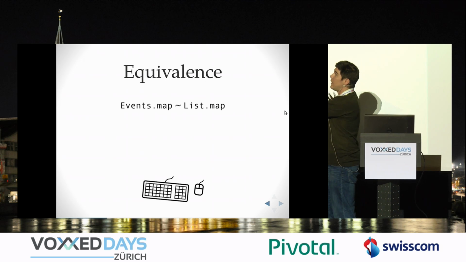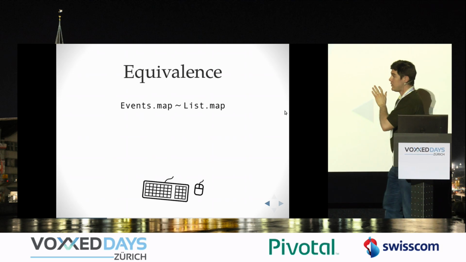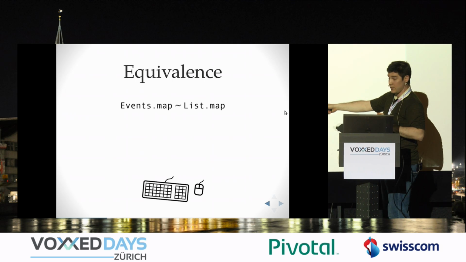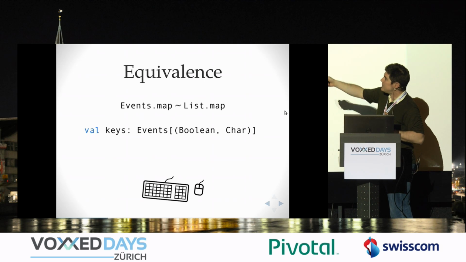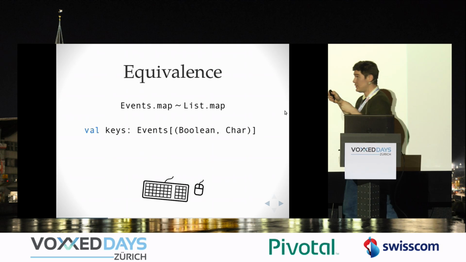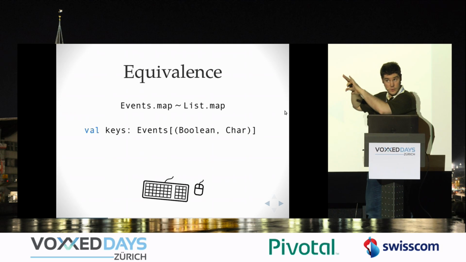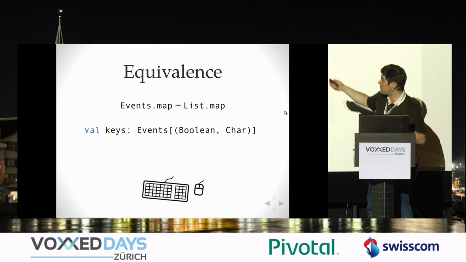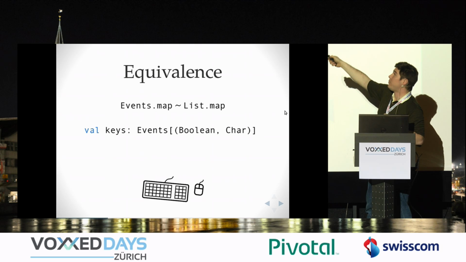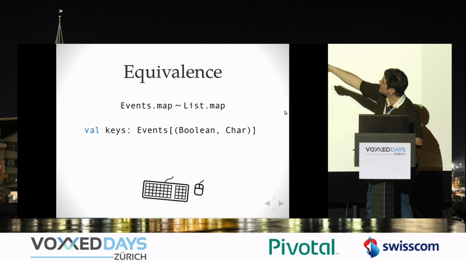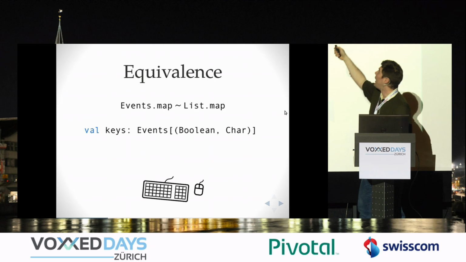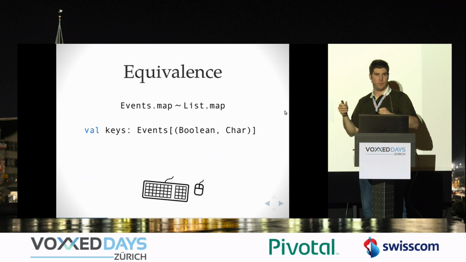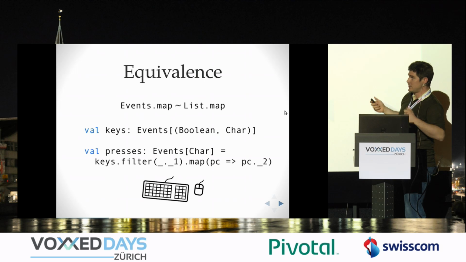And similarly, I can define map on the event stream. So let's say I have some kind of a keyboard and a mouse, specifically a keyboard here. This keyboard produces some events, and it is represented as an event stream which produces tuples. These tuples have a boolean which says if the key is pressed or not, and a character which says which key was pressed or released.